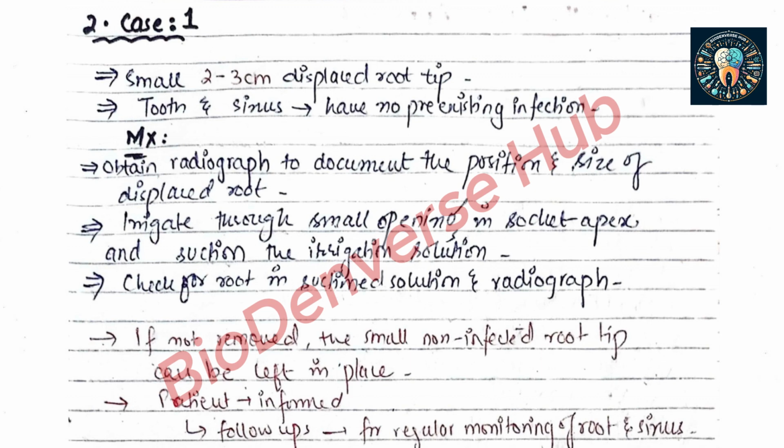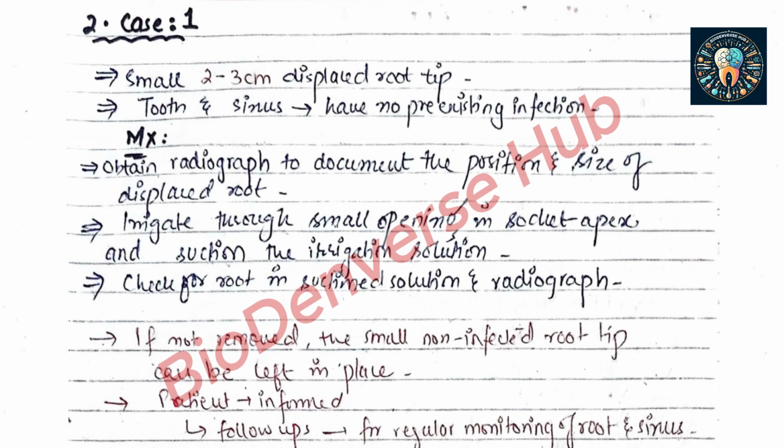After that, we will irrigate through the small opening in the socket apex and then suction out the irrigating solution. Due to the suctioning, there are high chances that the root tip could be suctioned out, so you need to check. If not removed by suctioning of the irrigating solution, the small non-infected root tip can be left in place. You need to inform the patient and keep the patient on follow-up for regular monitoring of the root and the sinus as well.